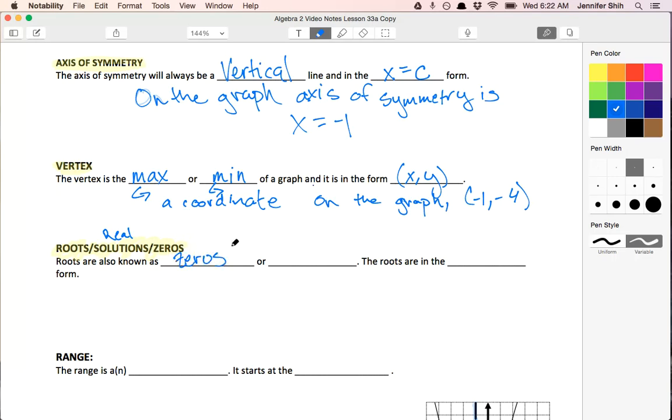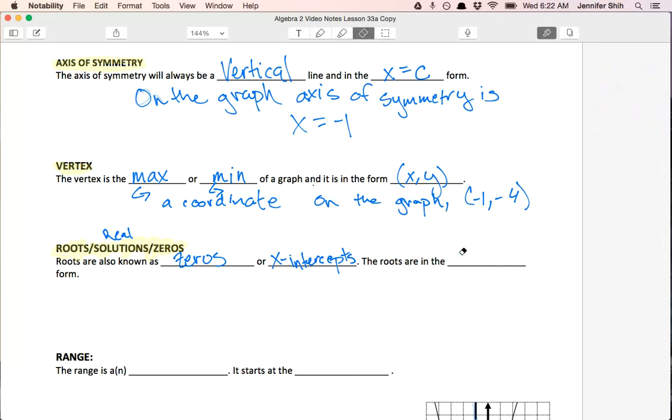I'll say the zeros of a graph or the roots of the graph. They're also known as the x-intercepts. So you have to look on your graph, where does the graph touch the x-axis, and that's where a root is. The roots are in the form x is equal to something.